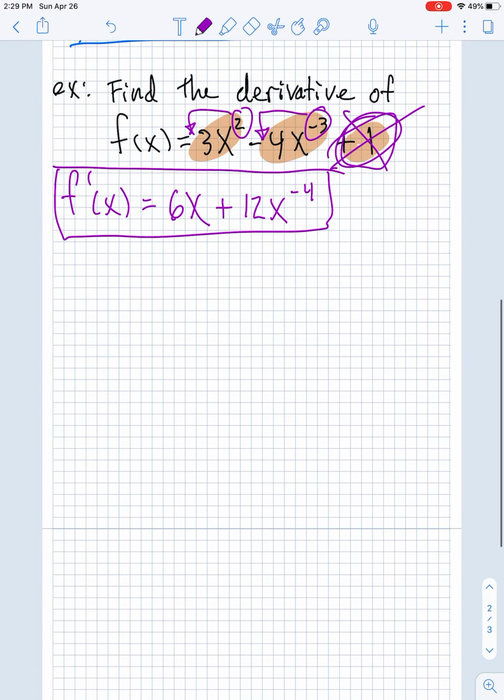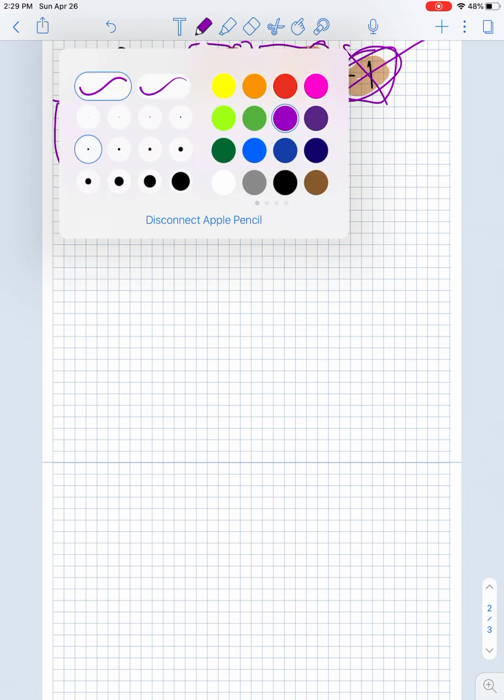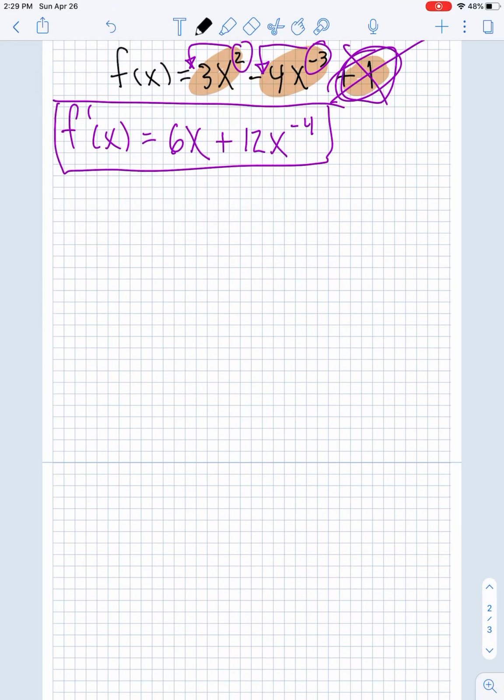The last thing I want to show you is something called the second derivative. The way you can write this, let's just say this example is find f prime prime of x. So that's the second derivative.